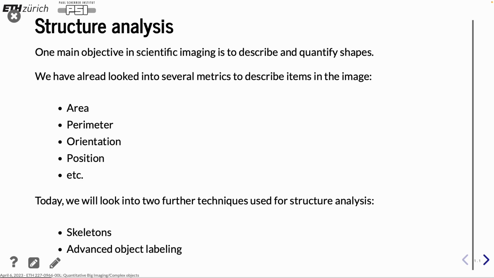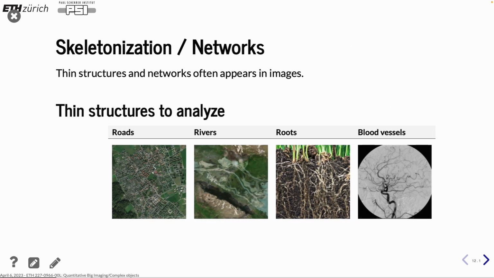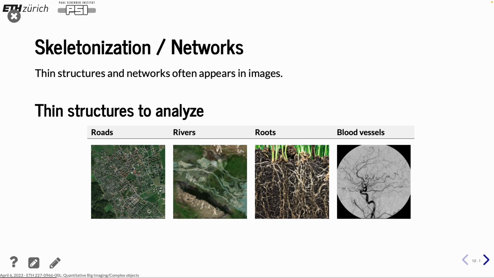We saw previously that we have this component labeling, but that had the disadvantage that it couldn't separate items when they are so close that they are touching each other. And this is what we are going to address in the second part of today's lecture. But let's start first with skeletonization and networks.